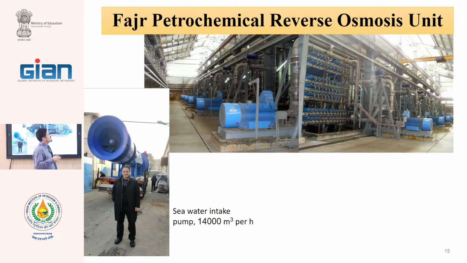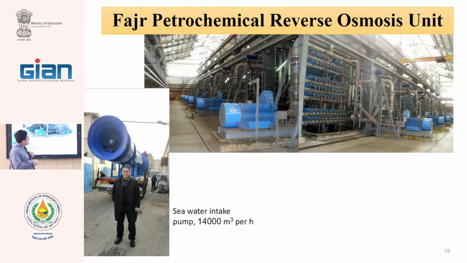The biggest one is located in Israel, and the second and third are located in the Persian Gulf. One of the biggest is in Iran, the Fajr petrochemical reverse osmosis unit, which is very big.